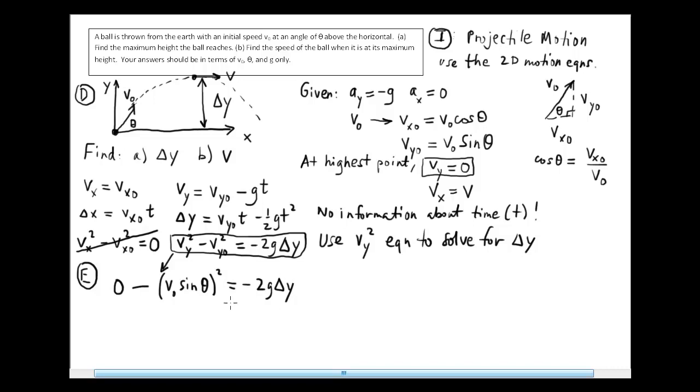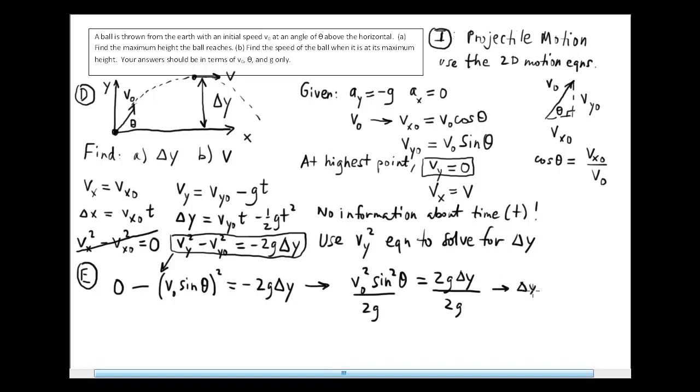All right, I'm almost done, right? I'm going to solve for delta y. So with this equation, let me just realize that the minus signs on both sides cancel, right? So that this becomes V0 squared sine squared theta equals 2g delta y. And now to solve for delta y, I'm going to divide both sides by 2g, and that gives me the answer.